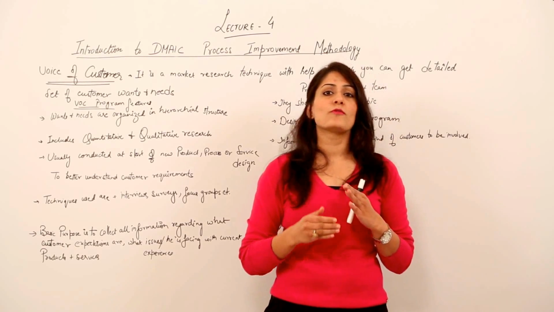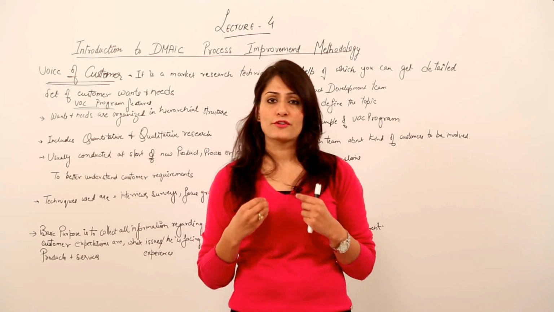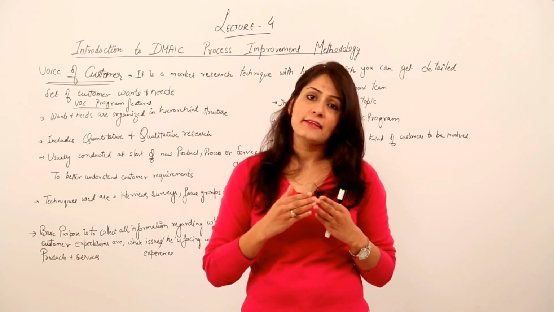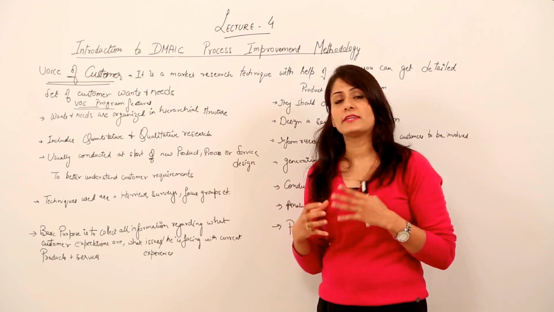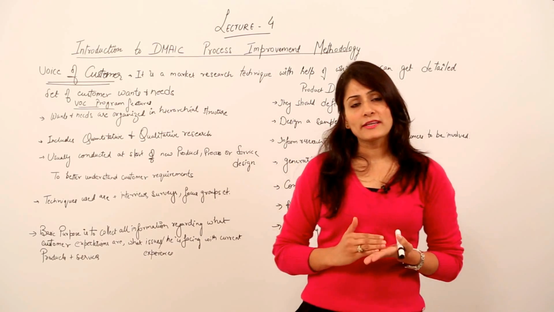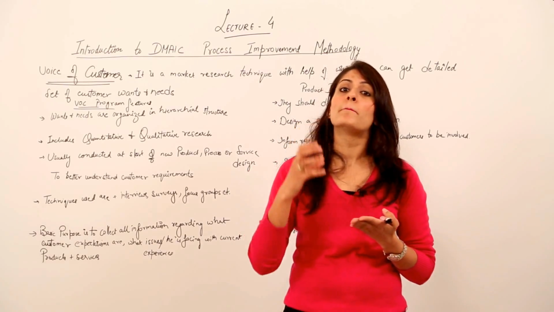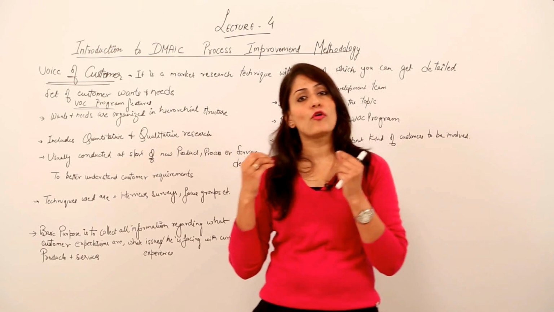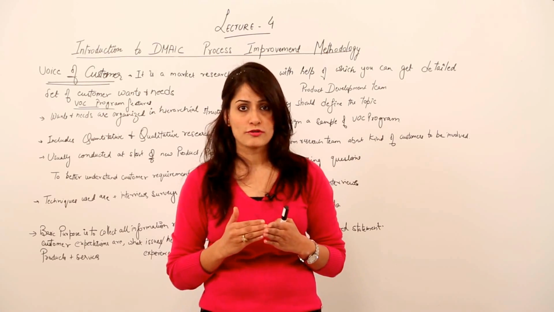In voice of customer, what we try to do is collect all the sets of customer needs and wants, and then these needs and wants are put in a hierarchical order. By putting them in hierarchical order, we want to know which needs or wants are more important, where we should focus and where we should work, which will give maximum satisfaction to the customer.